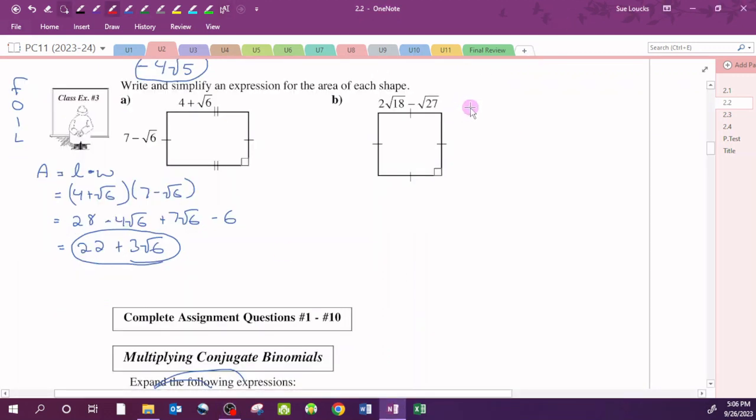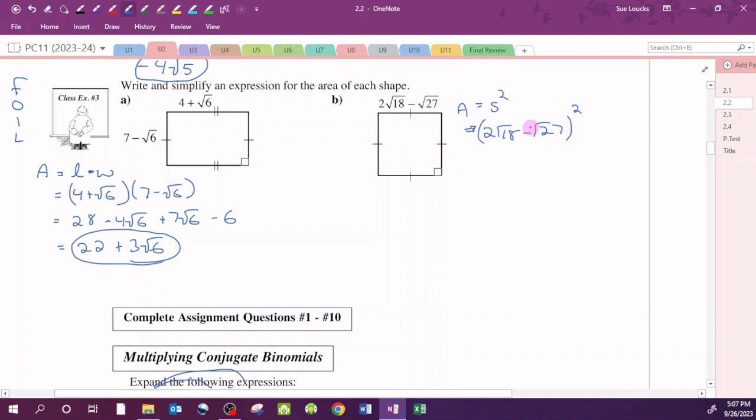All right, the area of a square. Area of a square is the side length squared. So that is, my side length is 2 root 18 minus root 27 squared.